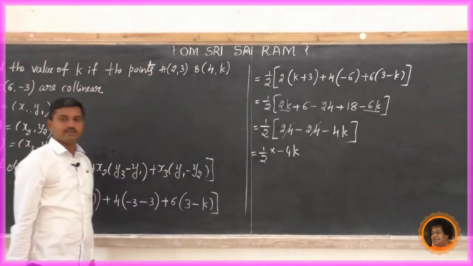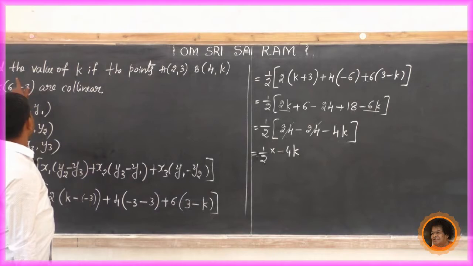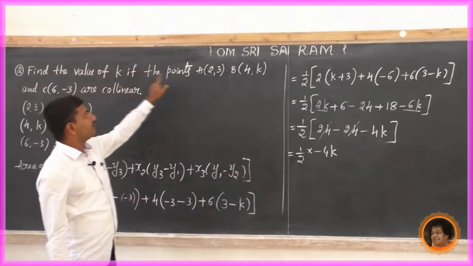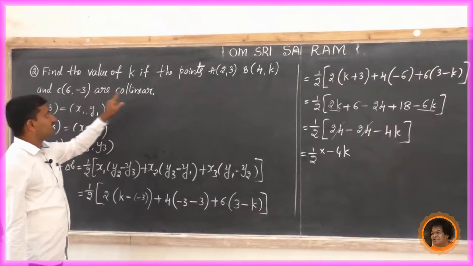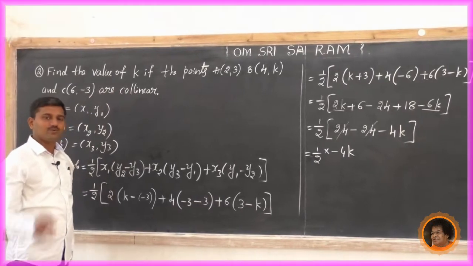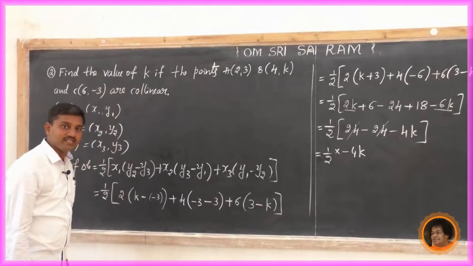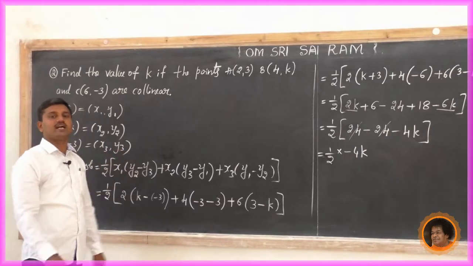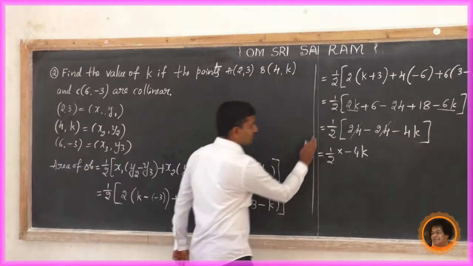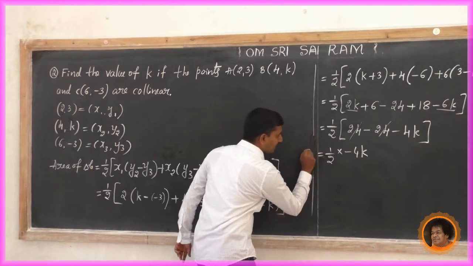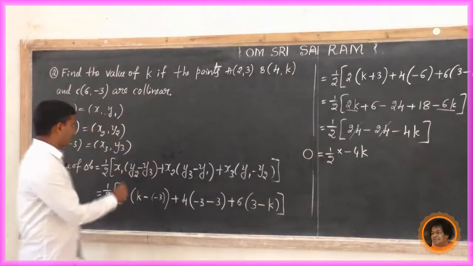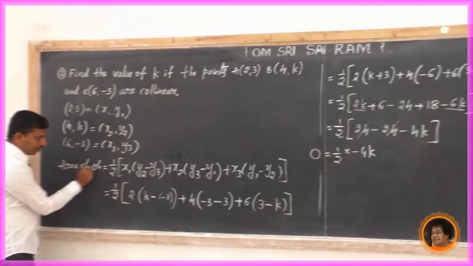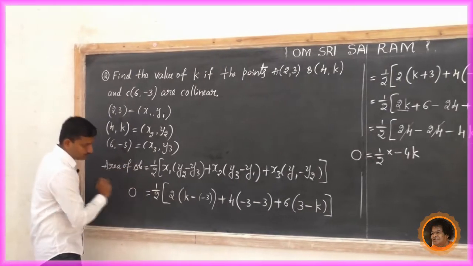But here, find the value of k if the points (2, 3), (4, k) and (6, -3) are collinear. What is the meaning? Collinear means the area of the triangle must be equal to 0. Why? Because the points are collinear, therefore the area of the triangle equals 0.